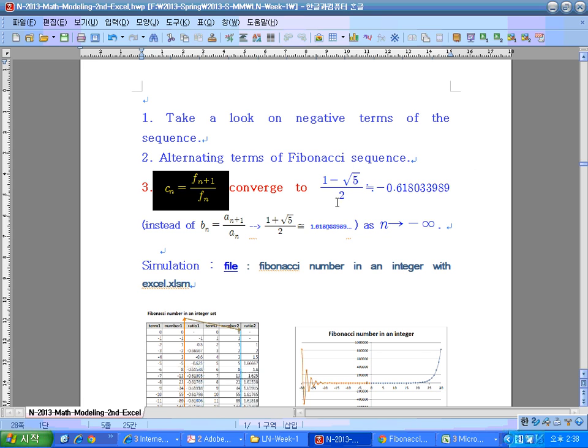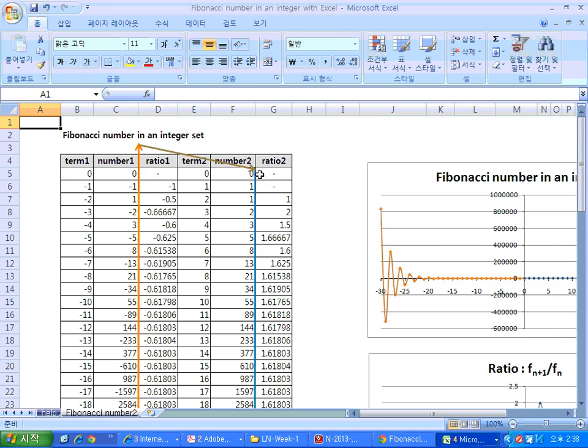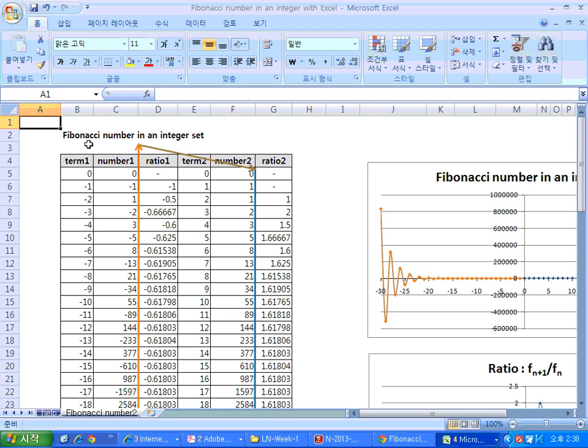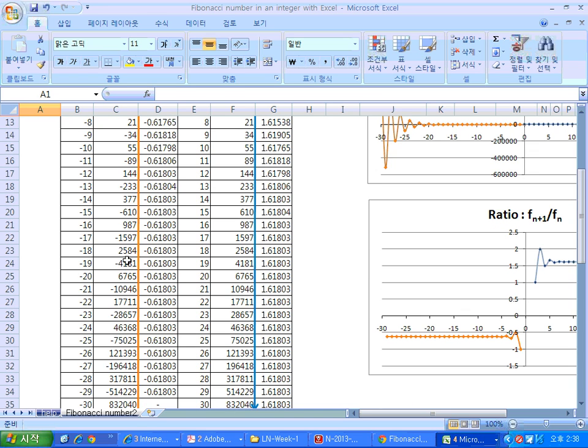If n goes to minus infinity, we can simulate it in this way. As you see, there is a sequence. This is a generalized Fibonacci sequence. As it goes to negative terms, it changes: 0, minus 1, 1, minus 2, 3, minus 5, 8, minus 13, 21, minus 34.